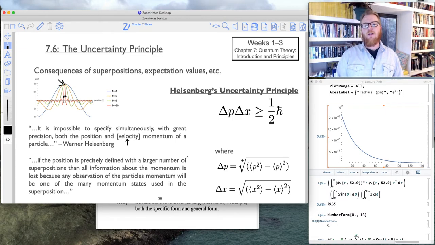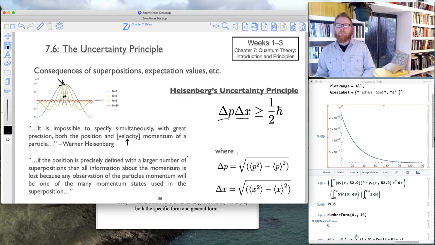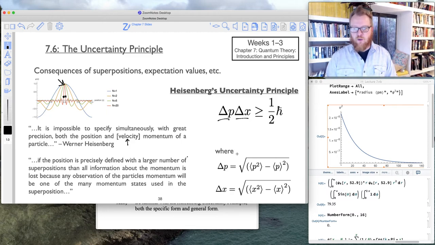So Heisenberg says the uncertainty in the momentum multiplied by the uncertainty in the position must be greater than or equal to 1/2 h bar, okay?